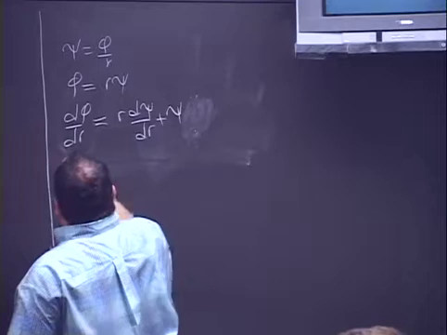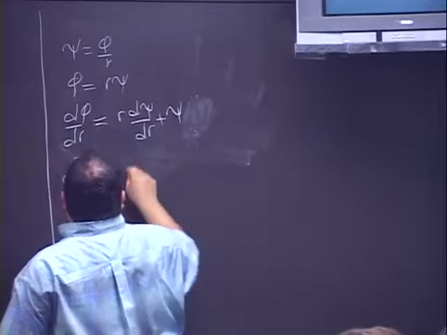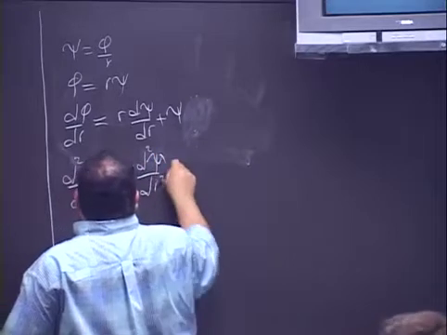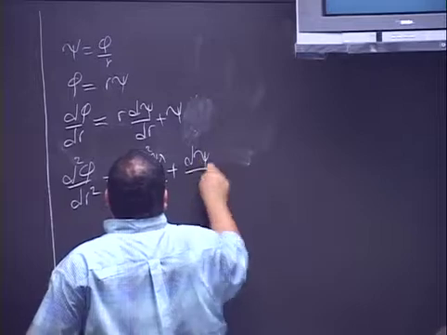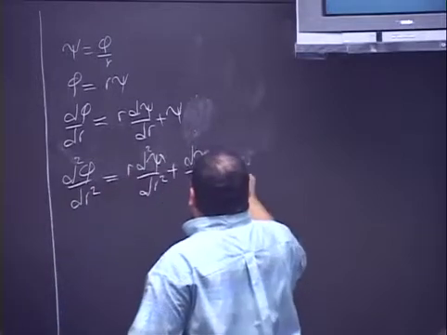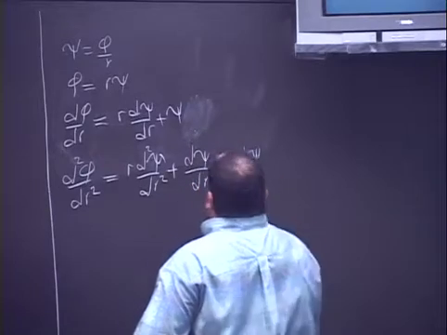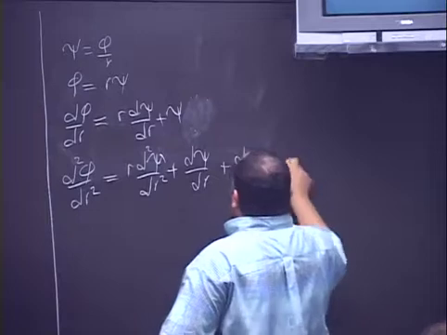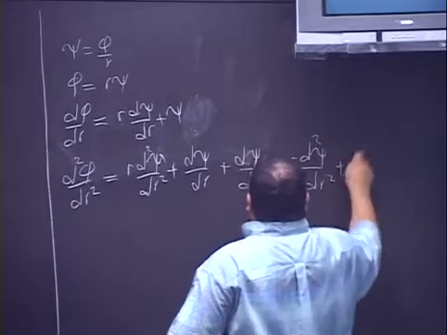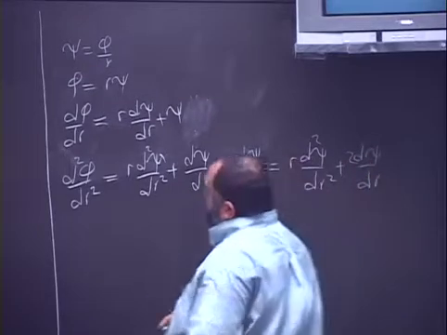Then differentiate it again. d2 phi by dr square is equal to first multiplied by the differentiation of second plus the second multiplied by the differentiation of the first, which is 1, plus the differentiation of this one, d psi by dr. So this will give you r d2 psi by dr square plus 2 d psi by dr.